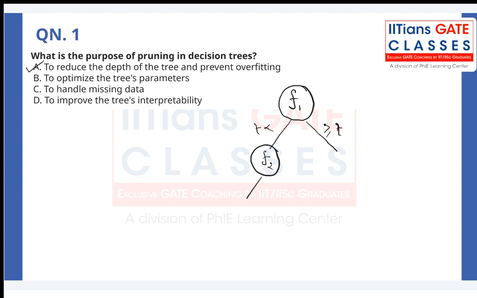If you keep on going like this, you might think that at the end of the tree, everything is a pure node. What do I mean by pure node? All the data samples present in the leaf nodes belong to only one class.